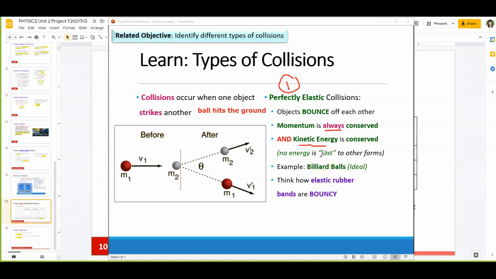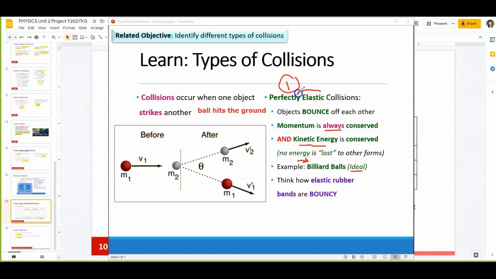It's not turning into heat energy, it's not turning into sound energy, etc. An example here would be billiard balls in an ideal situation, where the billiard balls hit each other and bounce off of each other, but when they hit each other, they don't make any noise because there's no change in sound energy, they don't make any heat, right? There's no friction, etc. So this would be what we call an ideal situation, which doesn't happen in real life, but this is the best example we can think of for something that's close to perfectly elastic.